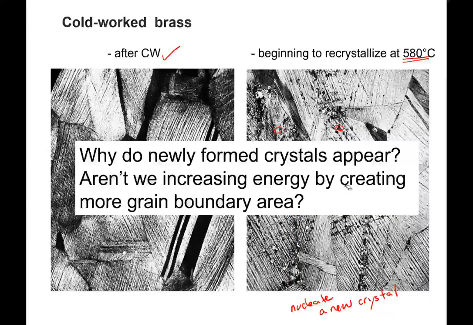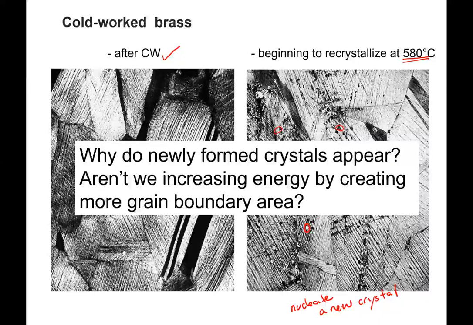The whole crystal doesn't just instantly become new grains without dislocations. So there has to be some kind of a barrier to this nucleation process, otherwise it would be infinitely quick. Okay, so the barrier is that when I do form a new crystal, I'm forming a new surface around it. I'm forming a new grain boundary.